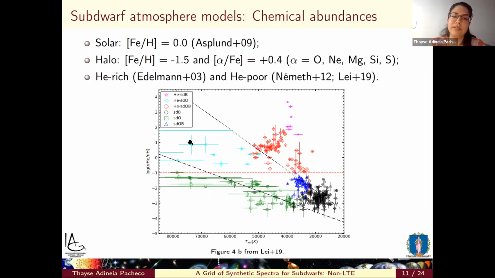The colored symbols are observed subdwarfs, where they show the helium abundance as a function of effective temperature of each star. They had a linear fit for helium-rich and helium-poor abundances. So my helium-rich and helium-poor abundances for each effective temperature are based on these 2 linear fits.